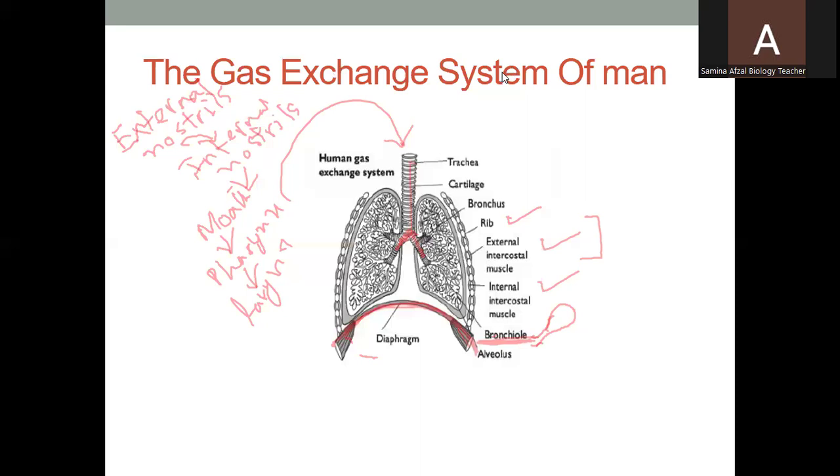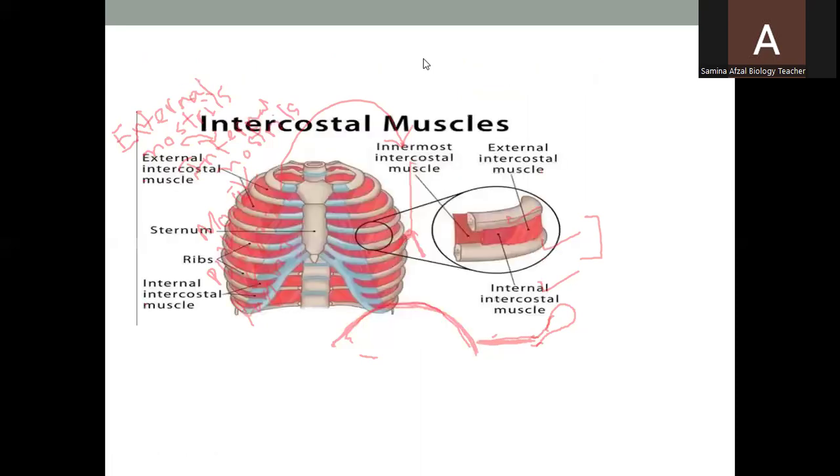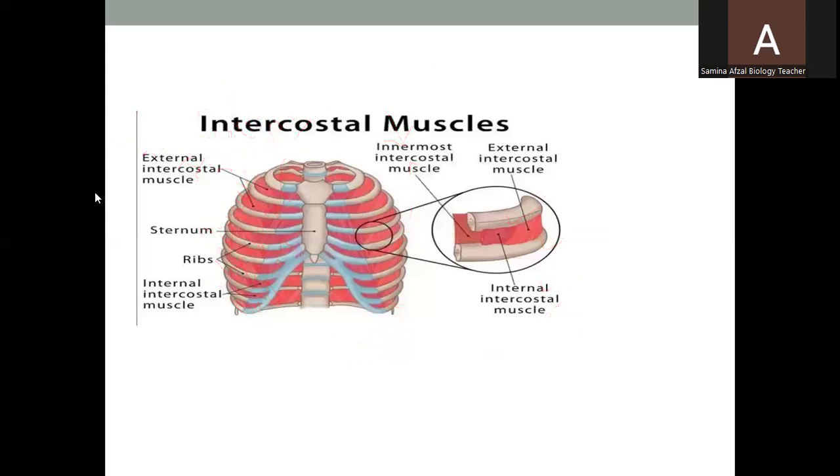Now we will move towards the next slide, in which I have shown the intercostal muscles, and you can see their location. You can see this is the chest bone, which is called the sternum, and ribs are joined with this chest bone on both sides, and the external intercostal muscles are present on the outer surface of the ribs.